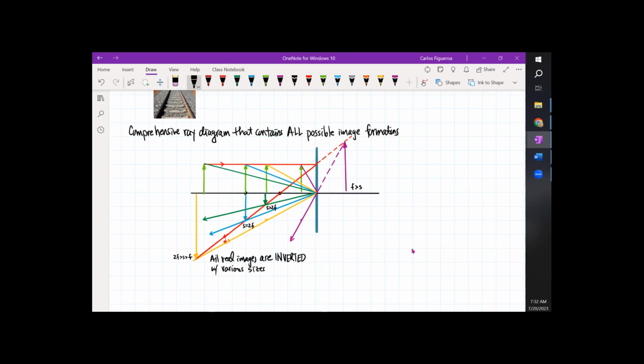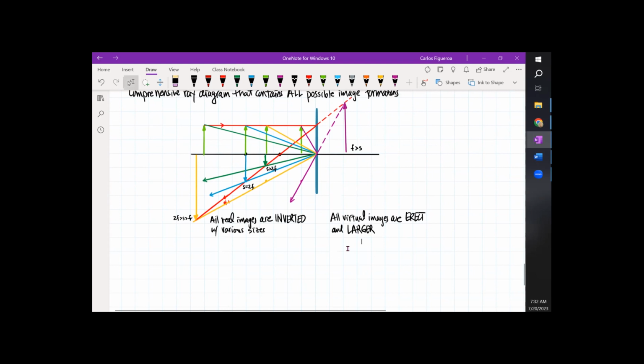Over here, we're seeing that all virtual images are erect and larger. So if you look at a mirror and you see that it's larger and erect, you know it has to be a converging mirror.